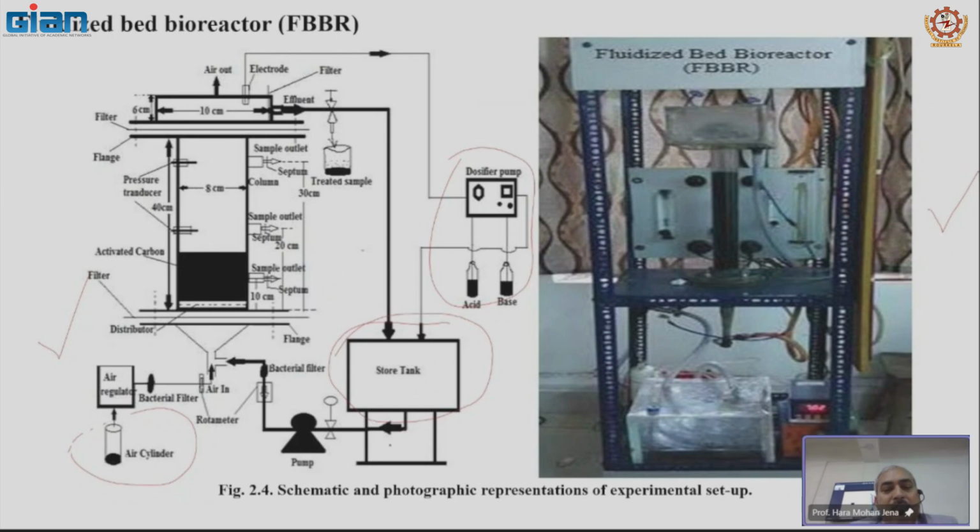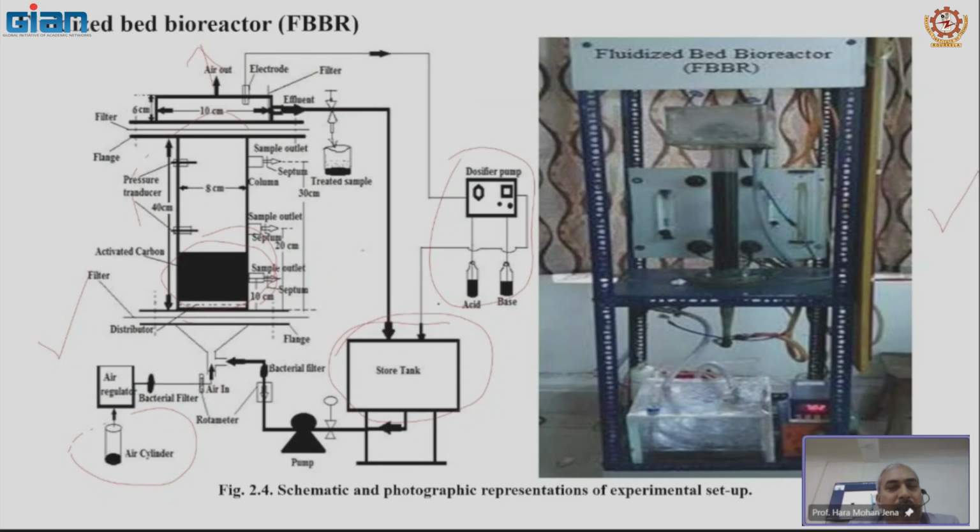Then this contaminated water, phenolic water, is pumped to the base of the fluidization column. This is the fluidized bed reactor through one distributor plate, and this is the activated carbon in here, on which the biofilm attachment is there, that means biologically activated carbon.